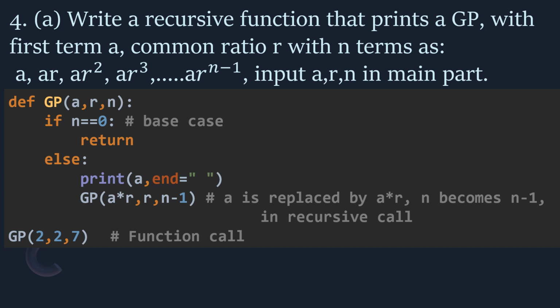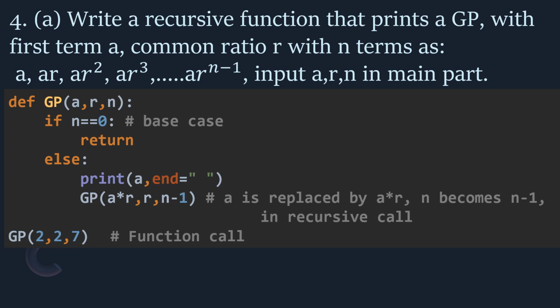So you can see here the function is called in the main part of the program and the values are 2, 2 and 7. A value is 2, r value is 2 and number of terms is 7. That means the first value it will print is 2, the next value is 2 into 2, 4, the next value is 4 into 2, 8.